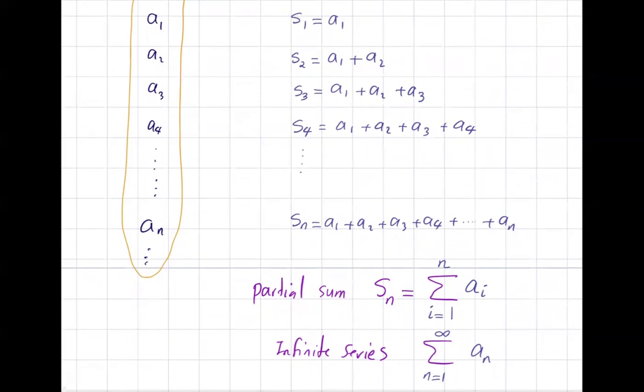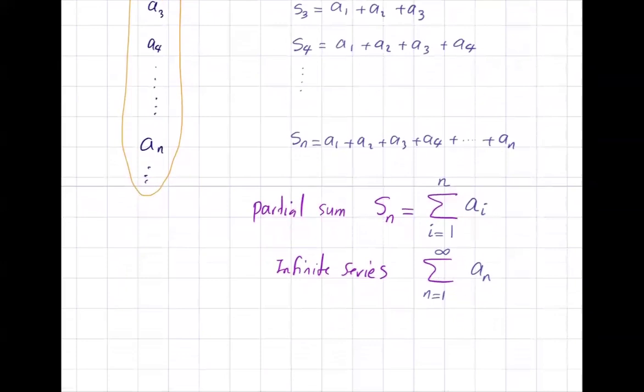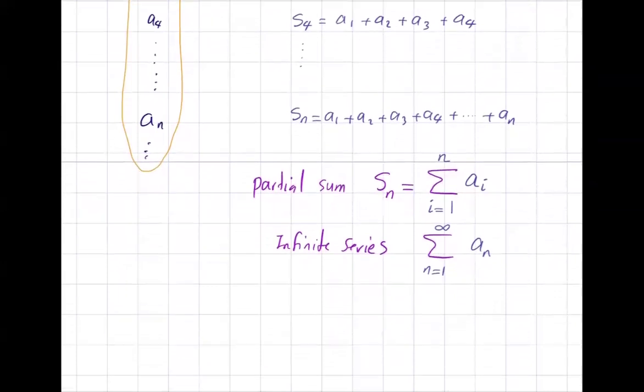We say that a series is convergent if the limit of the partial sum exists. So this is an important definition.